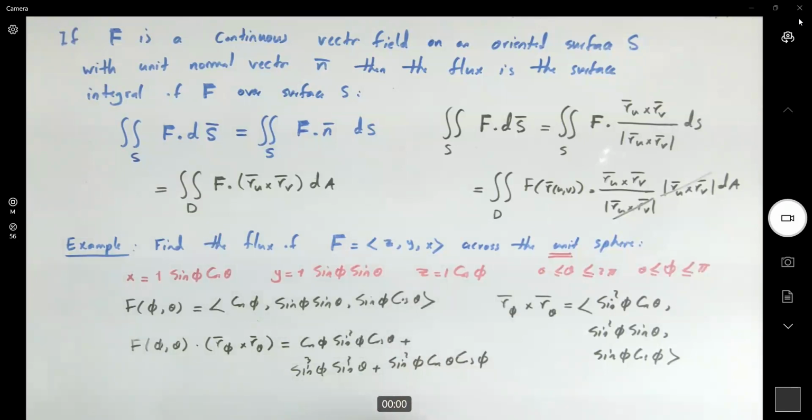Let's try to simplify this. Here you have sine squared phi cosine theta cosine phi, so it becomes 2.